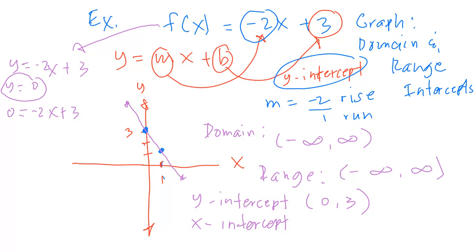And then solving for our x, we move the x term to the left side, becomes a positive 2x equal to 3. Divide by 2 on both sides, therefore x is equal to 3 over 2. So your x-intercept would be 3 over 2, comma 0. Okay, so that's how you solve for your intercepts. One is given, that's the y-intercept, and the x-intercept can be solved.